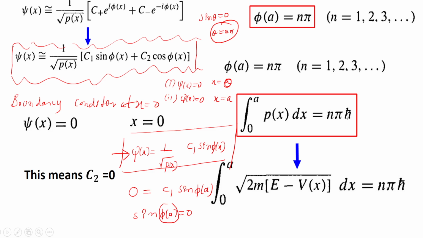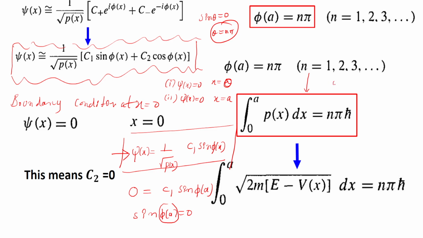The wave function, we already know the equation: phi of x is equal to 1 divided by h cross, integral of p of x dx. It's better to write it here. So how did I get this equation from here to here?